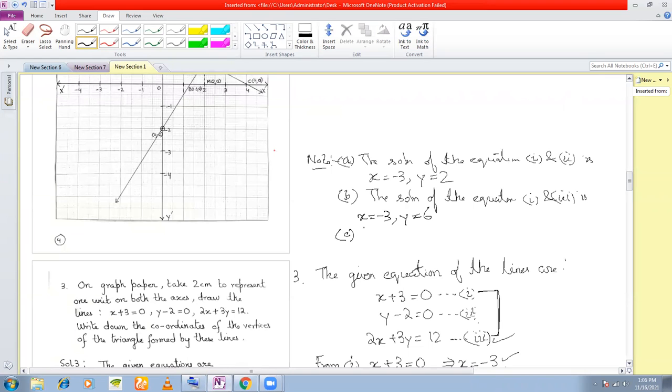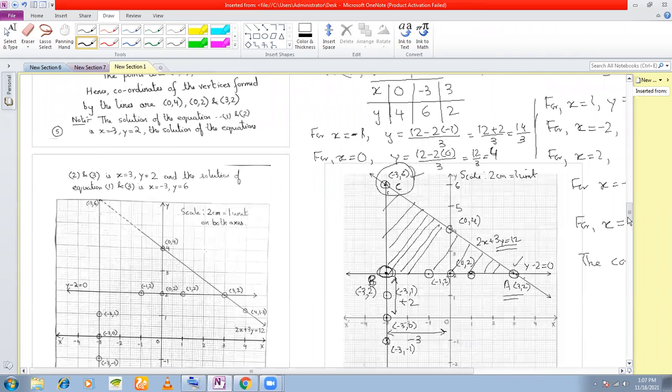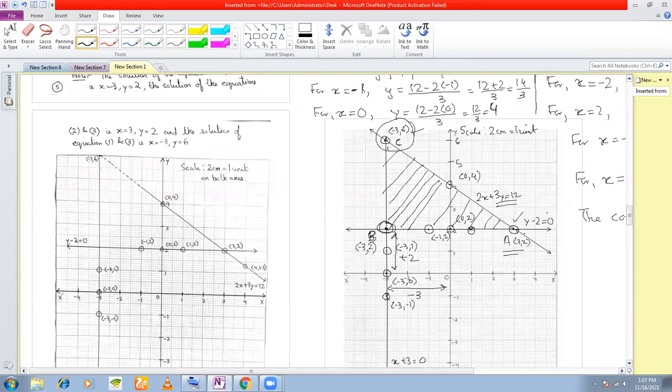And thirdly, the solution of the simultaneous equations 2 and 3. Look at the lines 2 and 3. Which one is the line? The horizontal line is 2, this one. And which one is the line 3? This one.